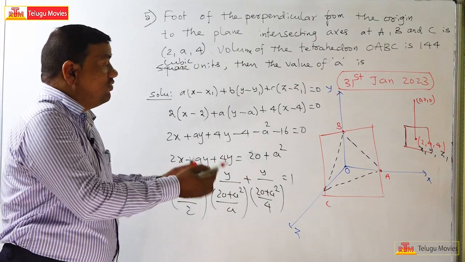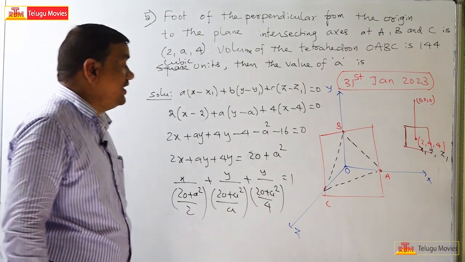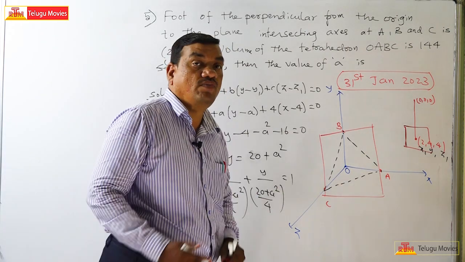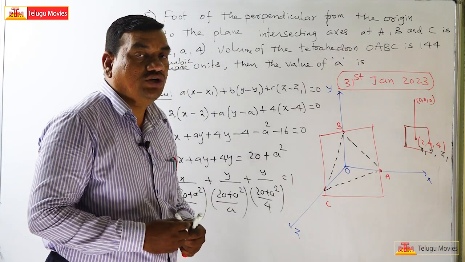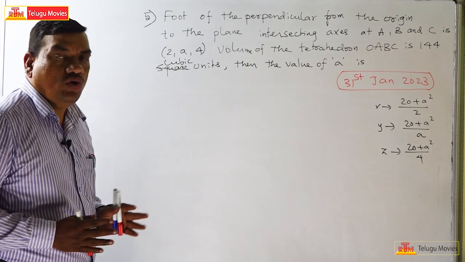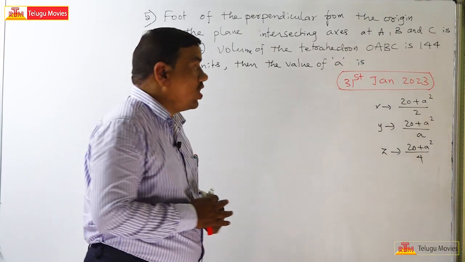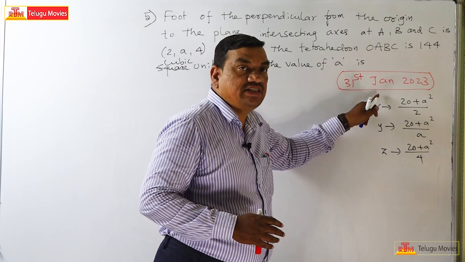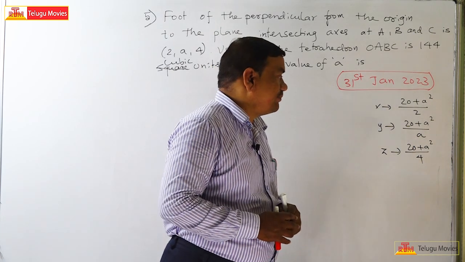Then we will find the volume of the tetrahedron. Let us continue the calculation. Up to now we got the x-intercept, y-intercept and z-intercept of the plane.